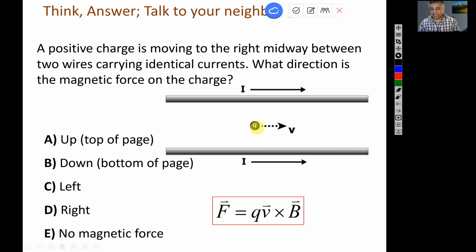This charge now experiences force from the current in wire number 1 and current in wire number 2. So force is going to be coming from both. So when we say force on that charge, we are talking about the net force from both. So what do you think? I'm opening this for a poll, and you have 1 minute and 30 seconds to answer this.